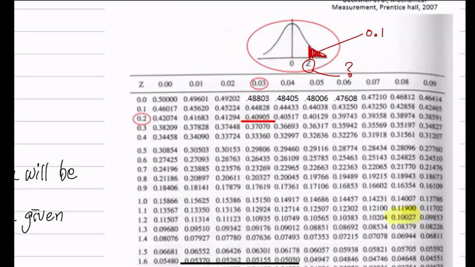That's close to 0.1, right? That means your corresponding Z is 1.28. Okay, so if your Z here is 1.28, then the area that is above that is 0.1.